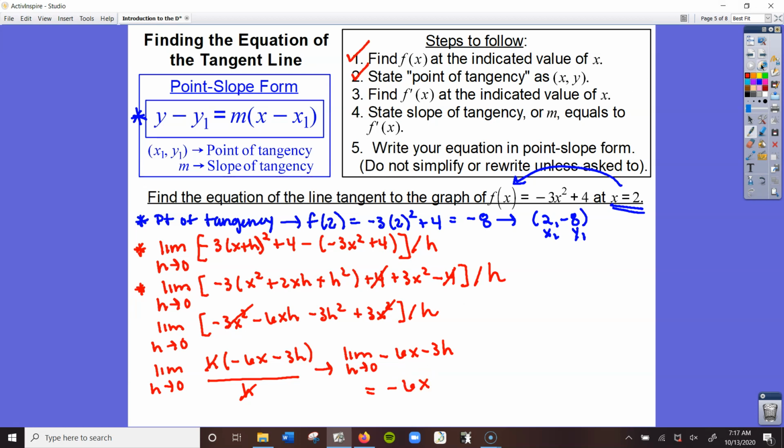So what does that mean? That means that my derivative, f prime of x, is equal to negative 6x. But I need the slope of the tangent line when x is equal to 2. So what we're looking for is f prime of 2, which when I just plug it in, I would get negative 6 times 2, which is negative 12. So now I have the slope of the tangent line.